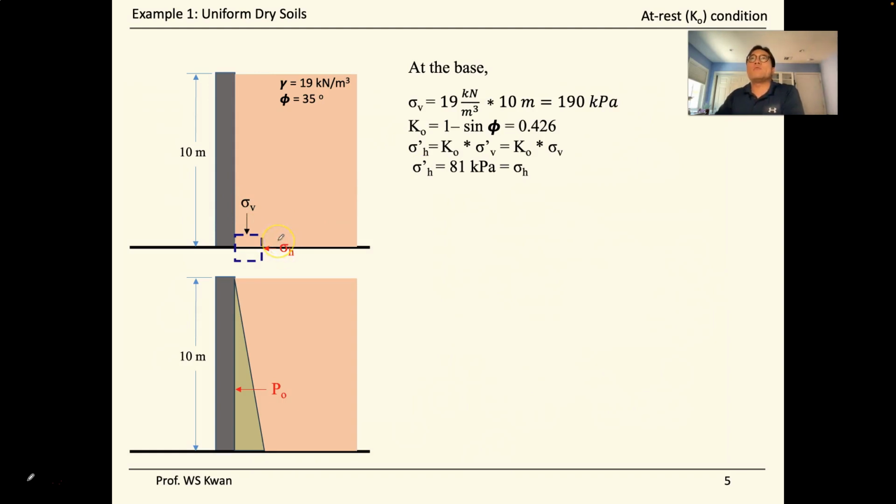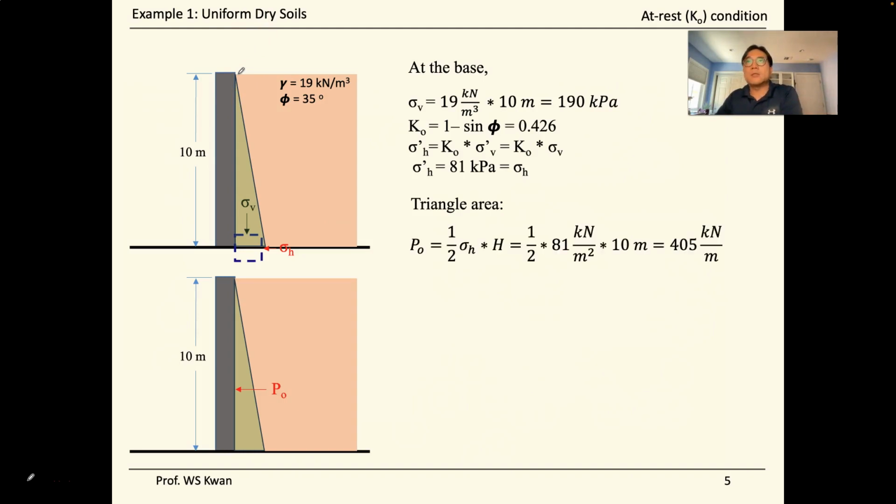So once we're able to find the horizontal stress, remember we want to plot the stress diagram, and knowing that this will be a triangular shape because the horizontal stress builds up through the depth, and at the base we calculated the horizontal stress, and that is the base of the stress triangle, and the height will be the given wall dimension, which we assume is from the backfill to the top of the wall, and it becomes a basic triangle area calculation.